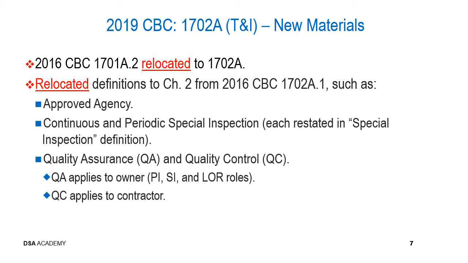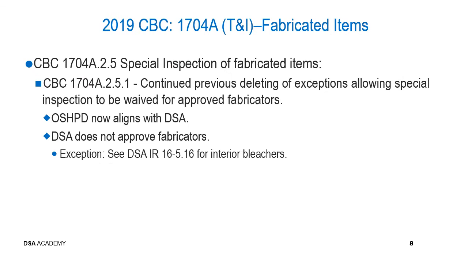Those are going to be each restated in the special inspection definition. Then also quality control and quality assurance. QA and QC have been clarified. QA is going to apply to the owner, the project inspector, special inspection, and the lab roles. And then QC for quality control is going to apply just to the contractor.